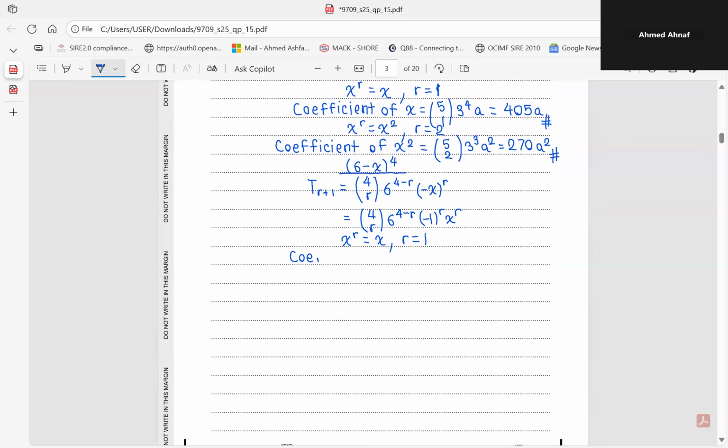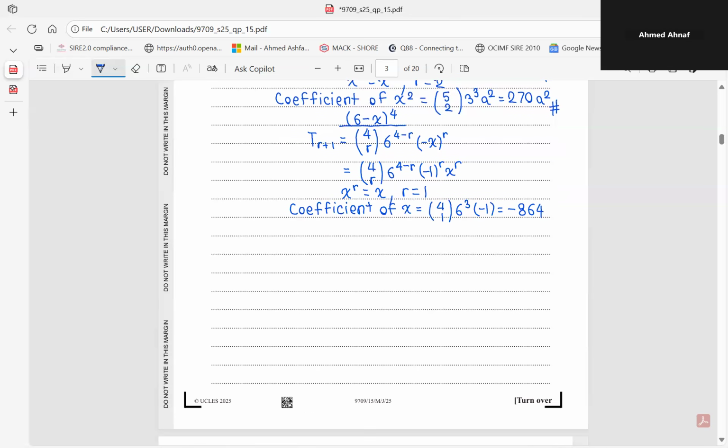So the coefficient of x would just be 4 choose 1 times 6 to the power of 4 minus 1, which is 6 cubed, times negative 1 to the power of 1, which is just minus 1. So just type this into your calculator. You would get minus 864.